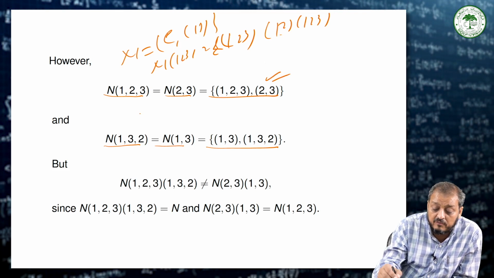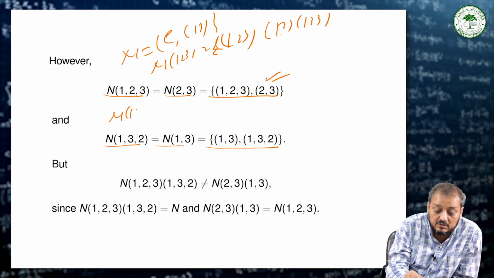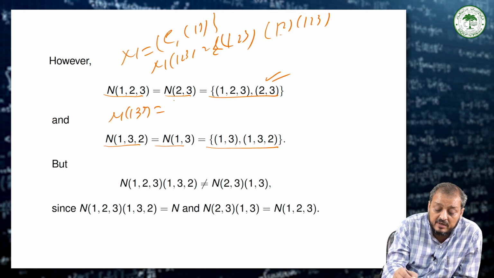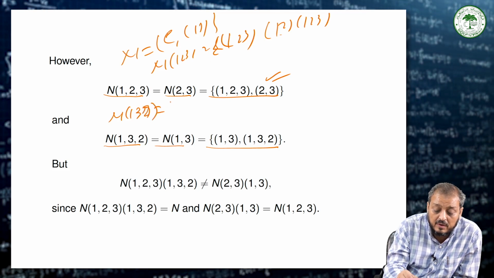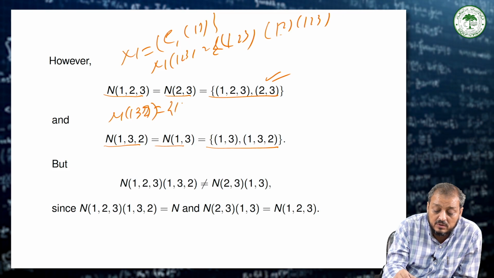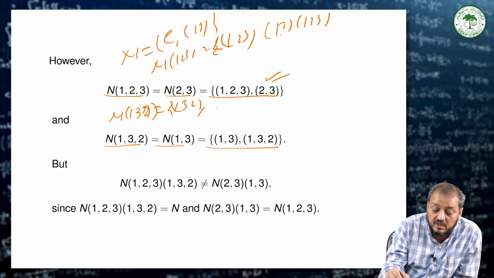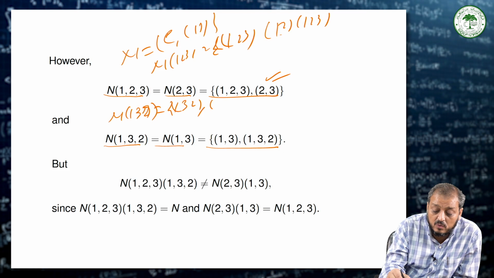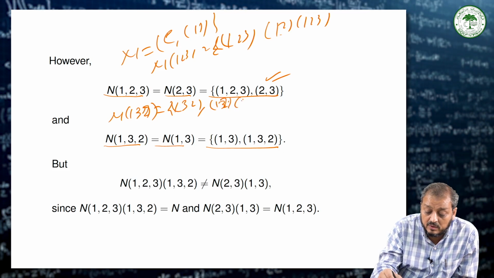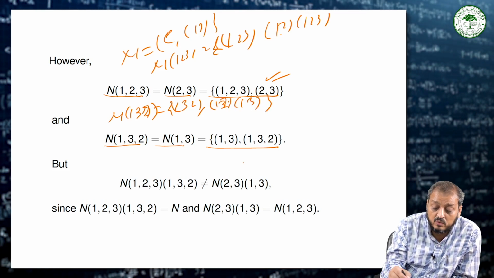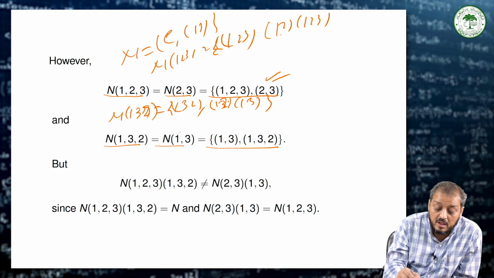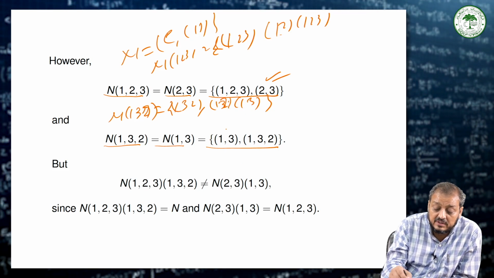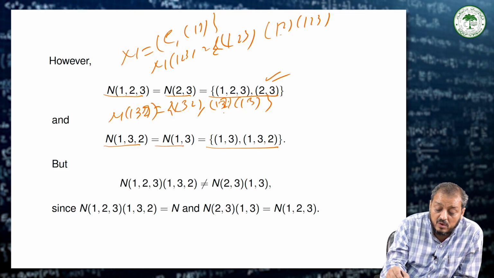Similarly, we calculate N(1 3 2): the identity gives (1 3 2), and then (1 2) times (1 3 2) is equal to (1 3). So clearly we can say that this is equal to (1 3).